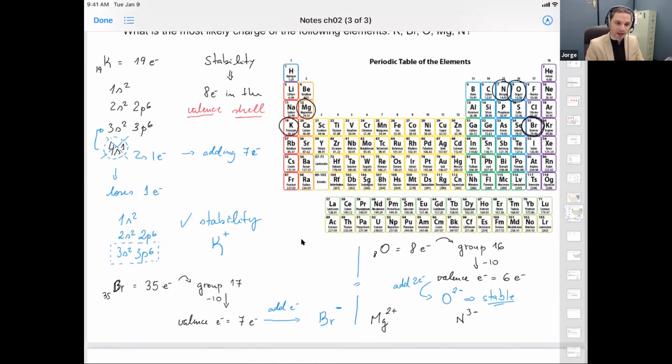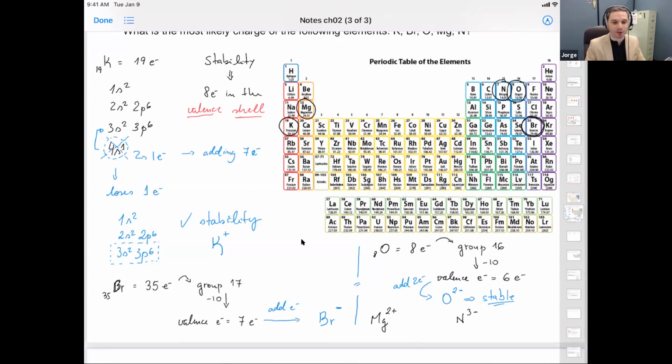Every time you lose an electron, the charge becomes positive, and every time you gain an electron, the charge becomes negative. Remember that the charge is always related to the number of electrons, okay? Those are the ones that you are losing or gaining. No changes in the nucleus. And therefore, chemistry is basically a science that deals with valence electrons.